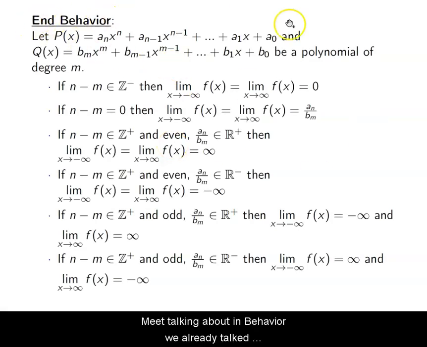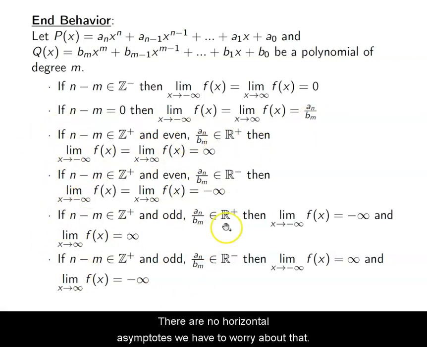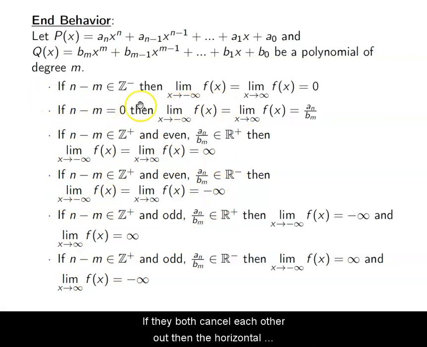When we talked about end behavior, we already talked about the horizontal asymptotes. So here we have horizontal asymptotes of 0, of a_n over b_n, or there are no horizontal asymptotes. So in the case where the numerator dominates, there are no horizontal asymptotes. We don't have to worry about that. If they both cancel each other out, then the horizontal asymptote is the ratio of the lead coefficients.